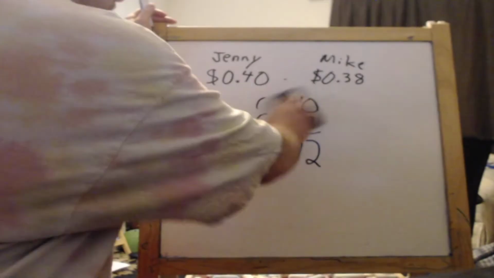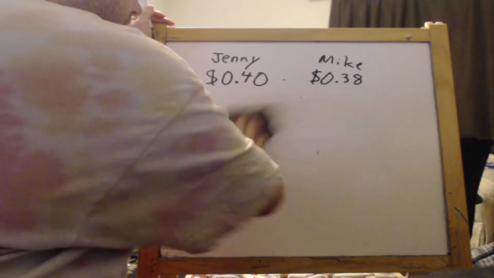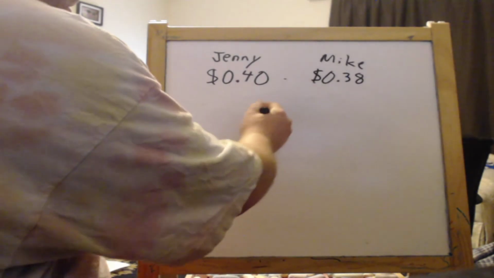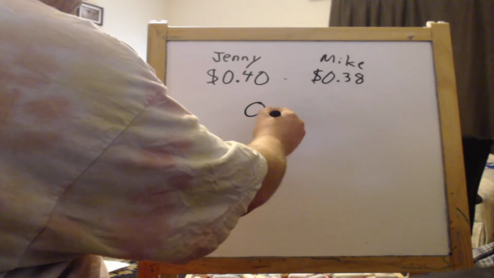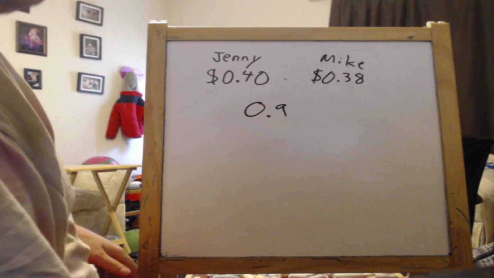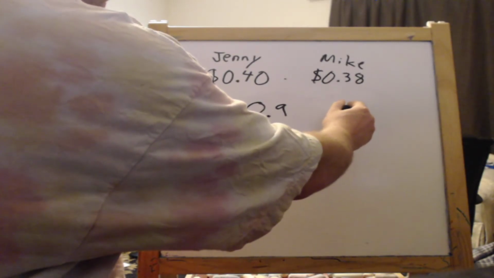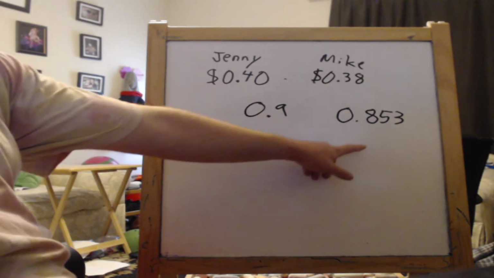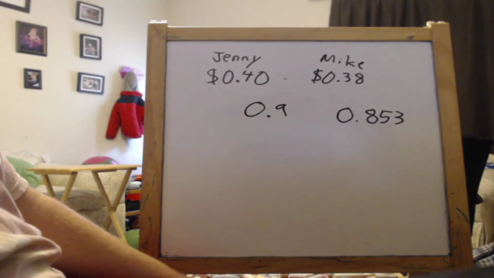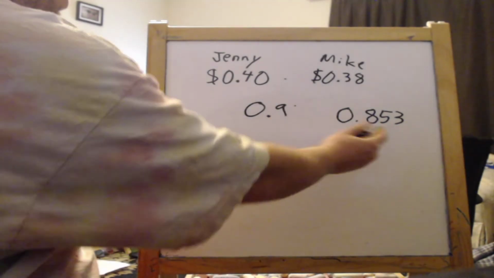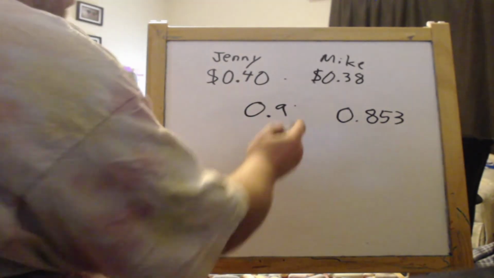So if I wanted to compare 0.9 or 9/10 to 853 thousandths, all I would do is add 2 zeros, because there are 3 digits after the decimal place here.